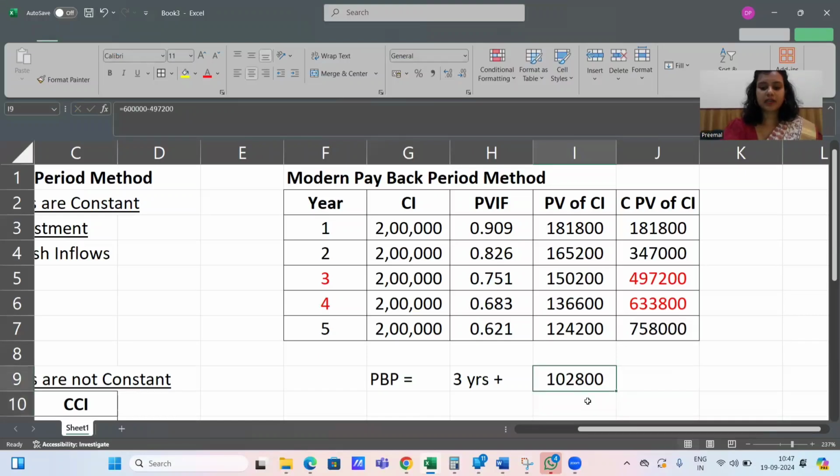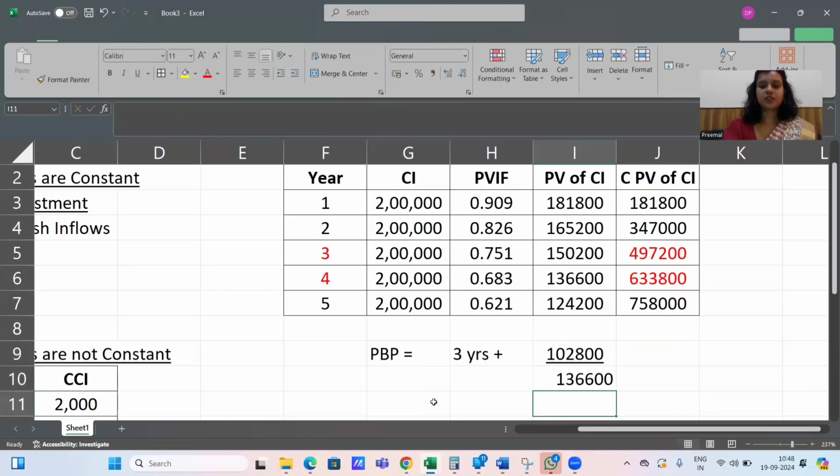This divided by the cash inflows of the fourth year. The cash inflows of the fourth year are, take the present value, 1,36,600. So with this, you will be able to find out the payback period.